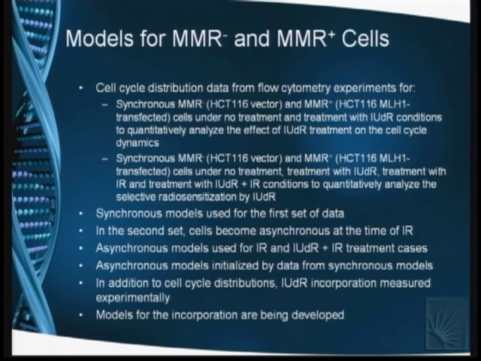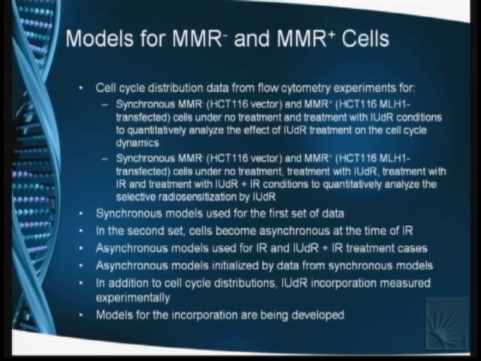The second set of cells were also synchronized mismatch repair proficient and deficient cells, and this time IUDR treatment was followed by IR treatment. By the time of IR, the cells were already asynchronous. So in the second case, we only used the asynchronous cell cycle model. And in the first case, we used the synchronous cell cycle model.